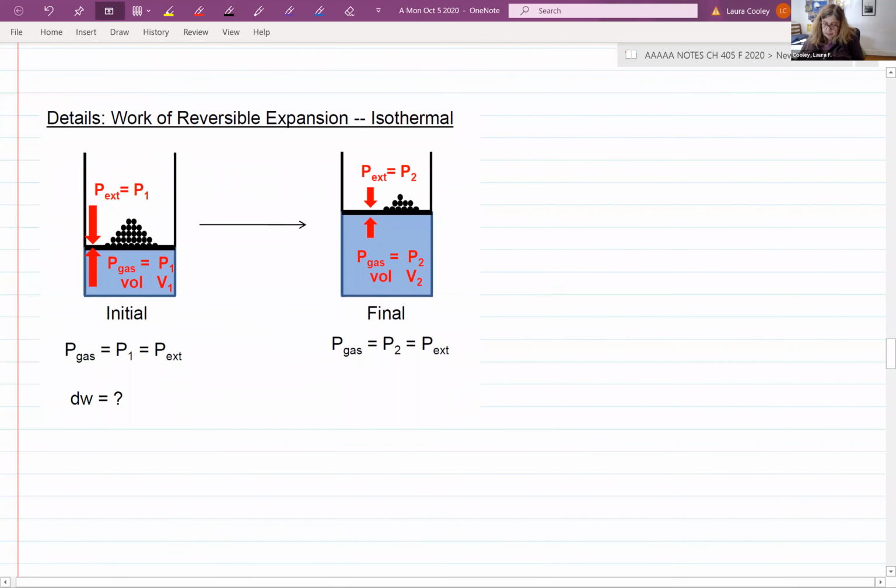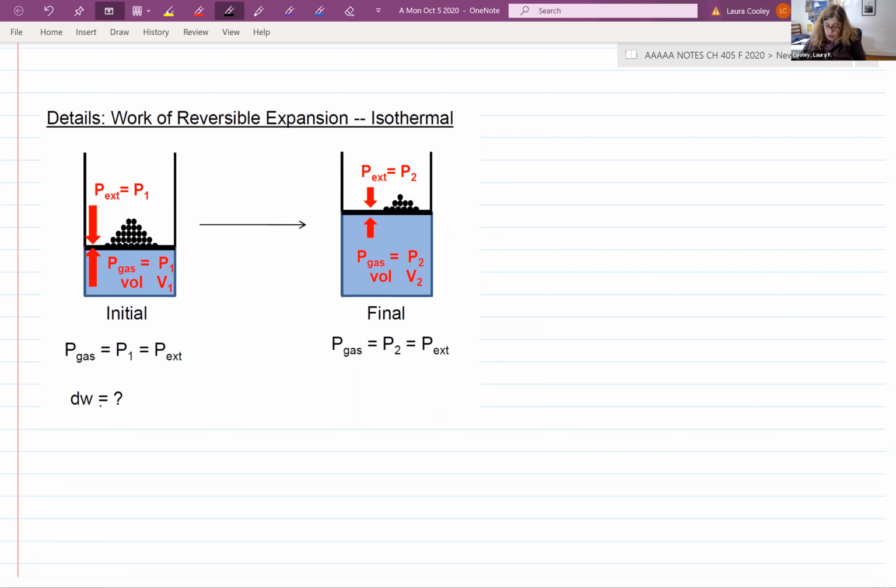All right, so here's the diagram of the initial and the final state. Initially, I have a pressure P1 and a volume V1. At the end, I have a pressure P2 and a volume V2. If you look at the state of the gas initially and at the end, it's changed exactly the same way as in the constant pressure expansion. But let's calculate the work, because it's a different story entirely.